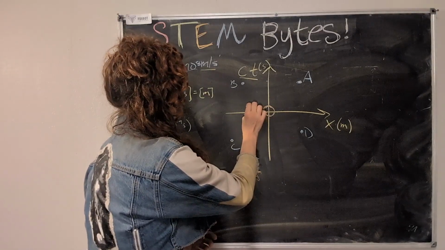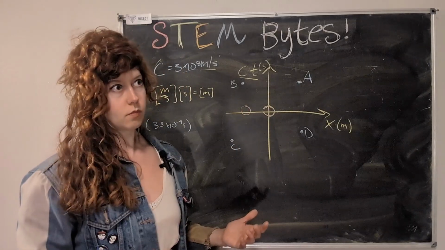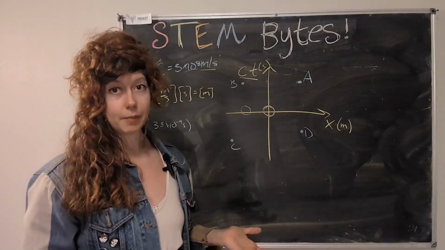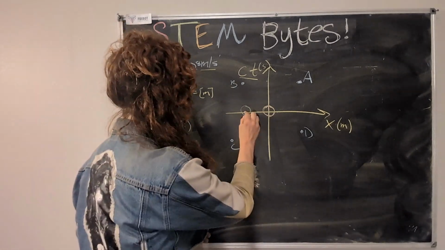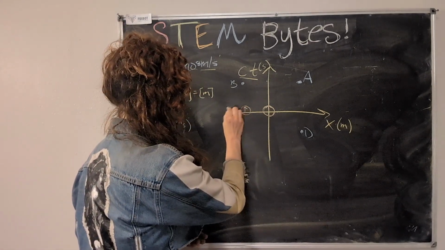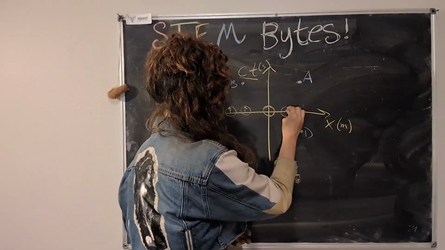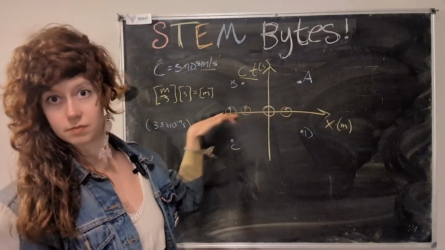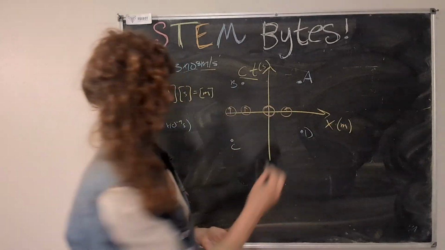So we need to set up multiple clocks so that we can make sure we are recording the time at different places appropriately. All of our clocks along the horizontal line will be at the same time, because they're at the same spot along our vertical axis.